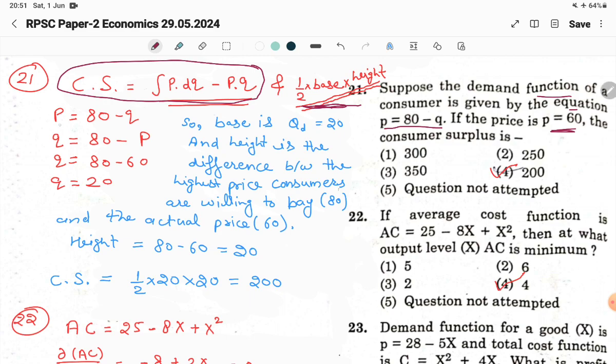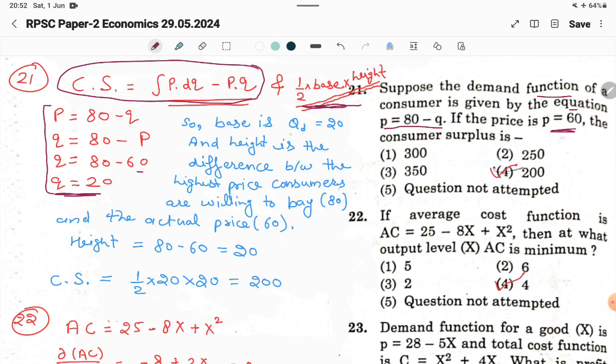Here are the given information in the question. P is equal to 80 minus q, then we solve for q: q is 80 minus p, and if we put the value of p here as 60, then we get q is equal to 20.